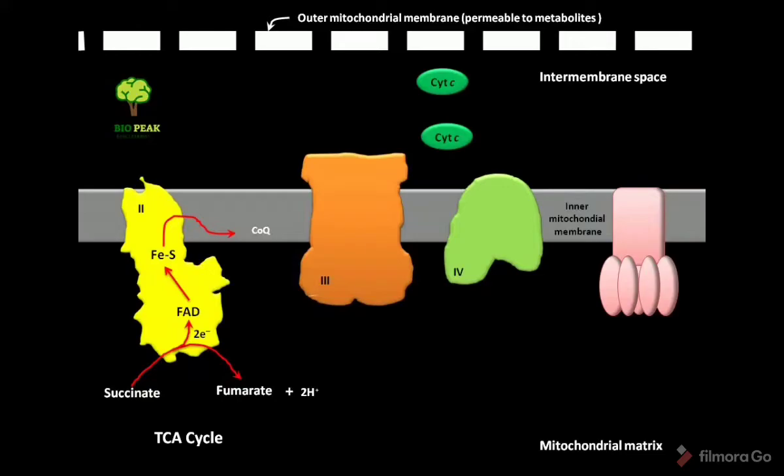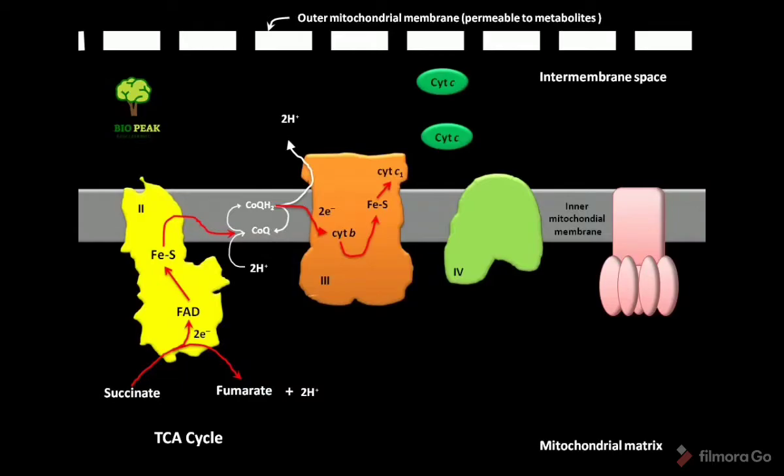Coenzyme Q then combines with 2 protons from the mitochondrial matrix and with 2 electrons to form CoQH2. The CoQH2 then regenerates coenzyme Q with the release of 2 electrons to cytochrome B in complex 3 and 2 protons to the intermembrane space. Then these 2 electrons flow from cytochrome B to the iron sulfur cluster and then to cytochrome C1.